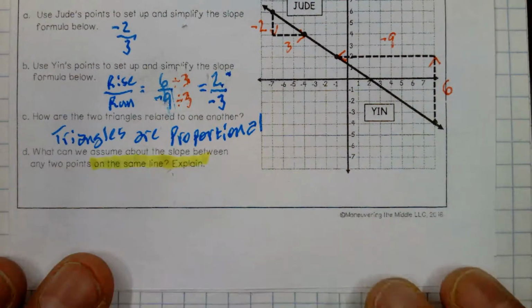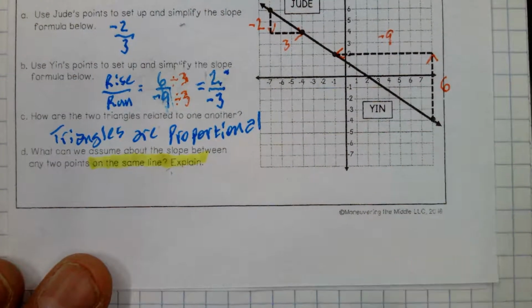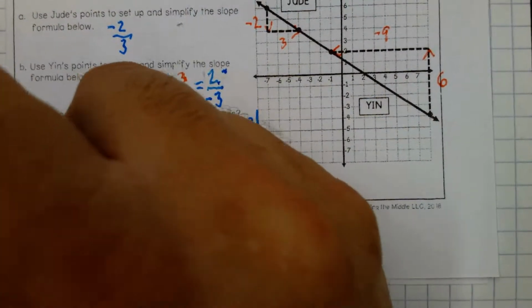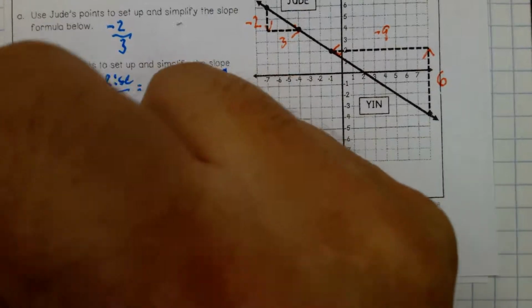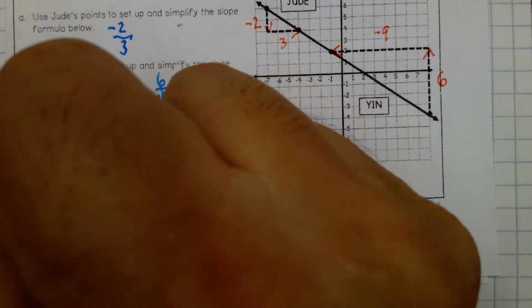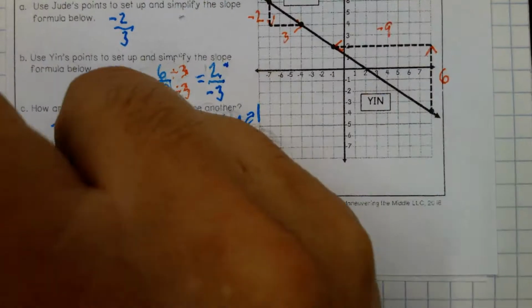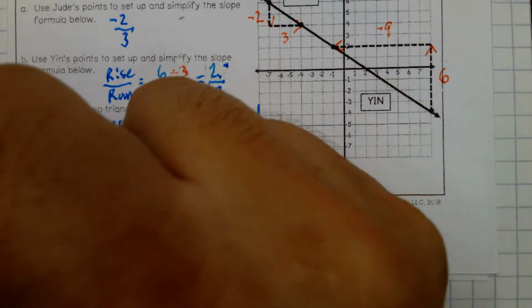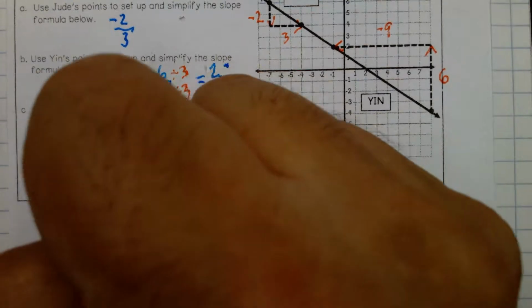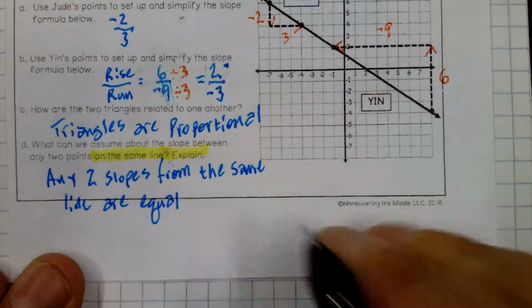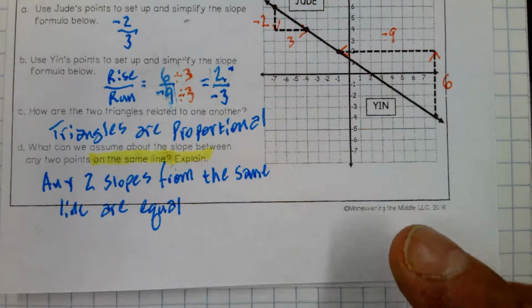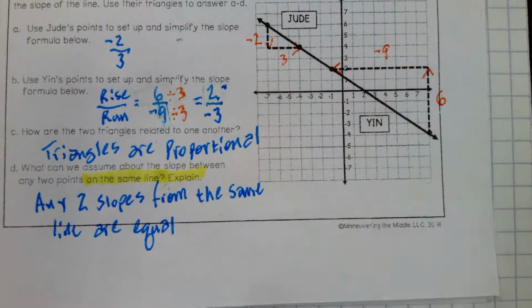So let's just say two slopes from the same line are equal. Any two slopes from the same line are equal. Okay. So go ahead and write that down.